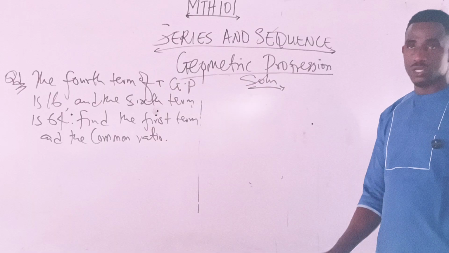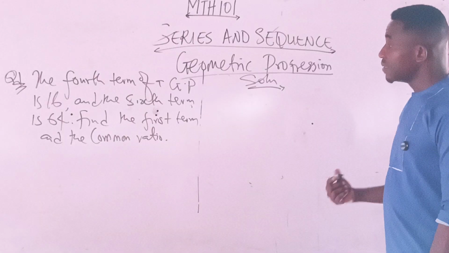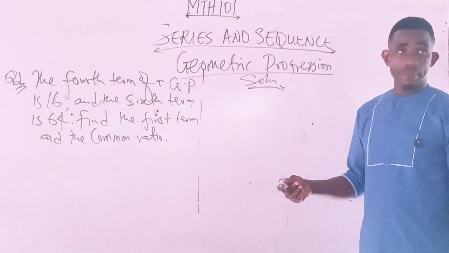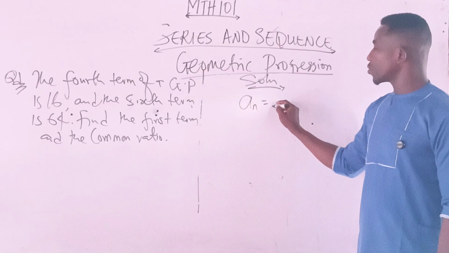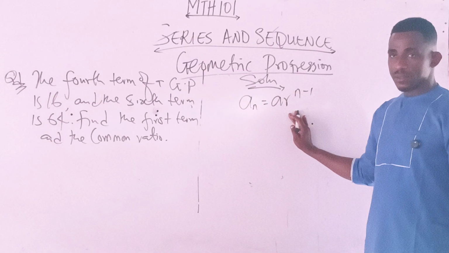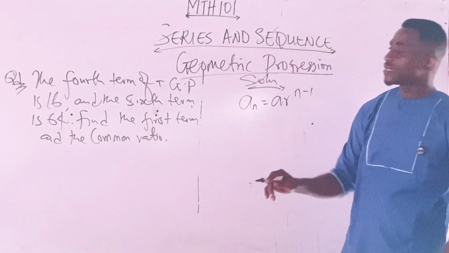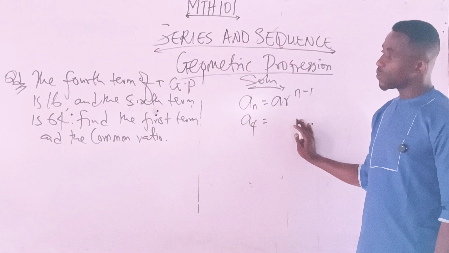Don't always rush to solve this. It's a very simple thing. Do you know that the nth term of a GP is a_n equal to what? AR^(n minus 1). Do you remember this? That the fourth term, A4, is equal to what?